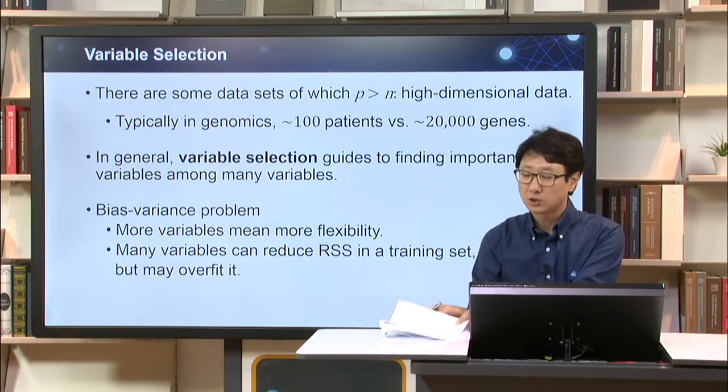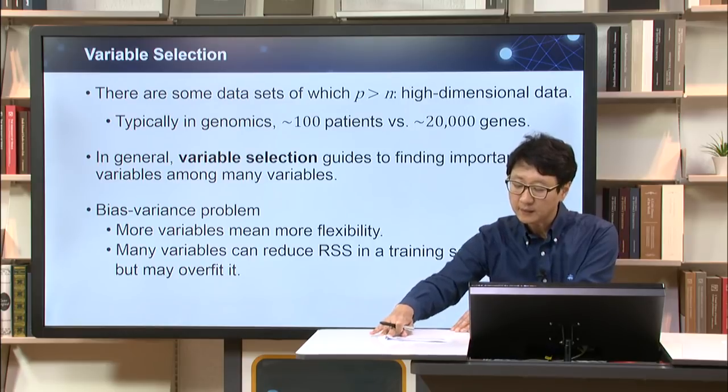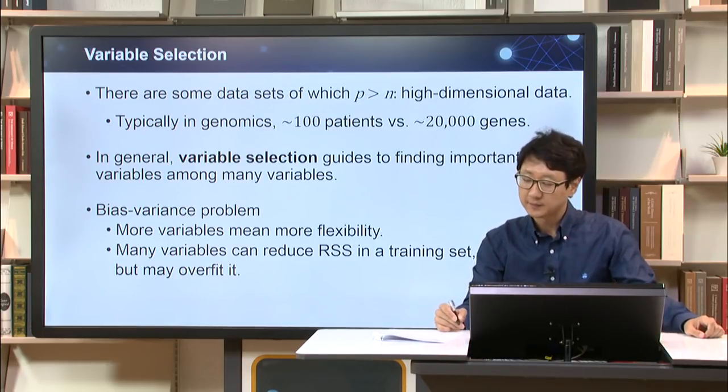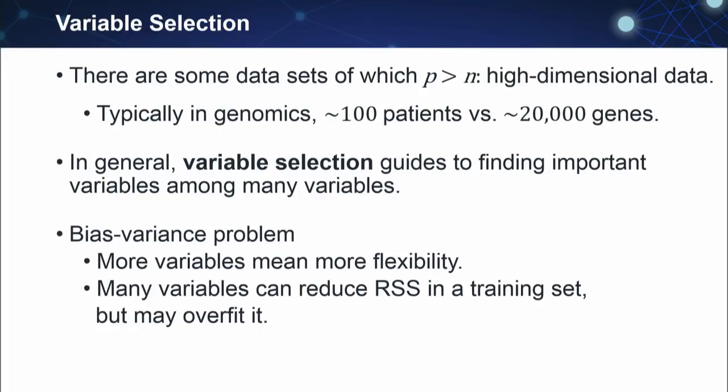This analysis actually leads to variable selection. There are some data sets in which p is much larger than n. They are high dimensional data. Typically in genomics, we only have 100 patients, which is n, but each human has more than 20,000 genes, which is p.